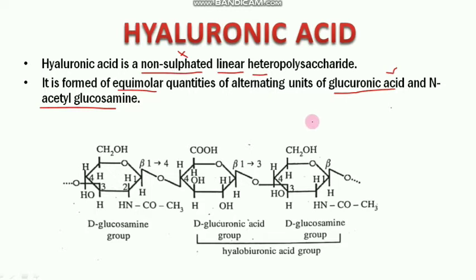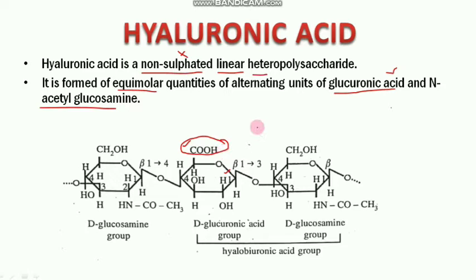Now, where does the oxidation happen? There are two possibilities for glucose to undergo oxidation: the first carbon and the sixth carbon. Glucuronic acid is the oxidation that happened at the sixth carbon. Okay, now the second component is N-acetyl glucosamine.